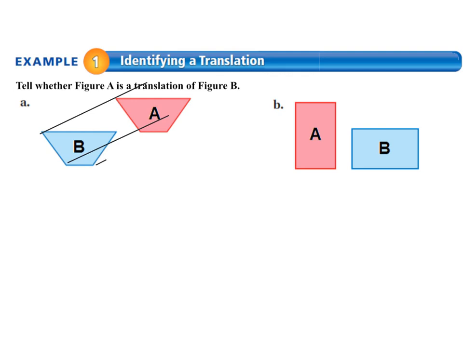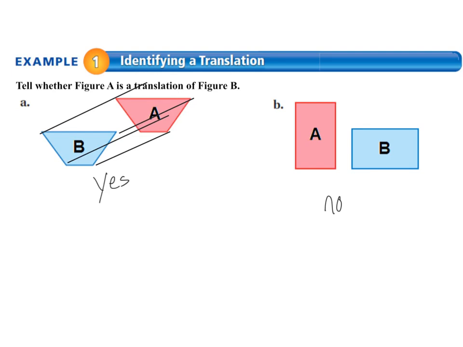So you'll notice that for each of these, all the lines are parallel. That's because it's just slid. Each vertex is just slid the same direction and the same distance. So this one here is yes. For B, this one's going to be a no, and hopefully you can see it just by looking at it.